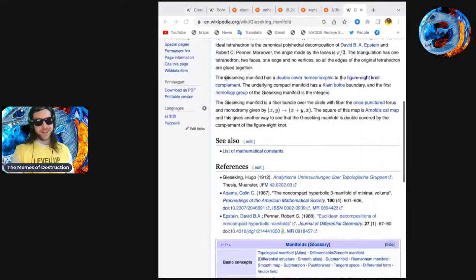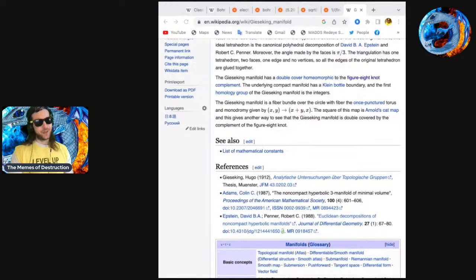The Gaussian manifold has a double cover homeomorphic to the figure 8 knot complement. Oh, it's one of the primary things used in the HF8 model. It's pretty nifty. The underlying compact manifold has a Klein bottle boundary, and the first homology group of the Gaussian manifold is the integers. I think that means it can go to infinity.